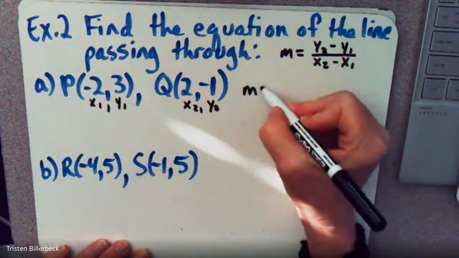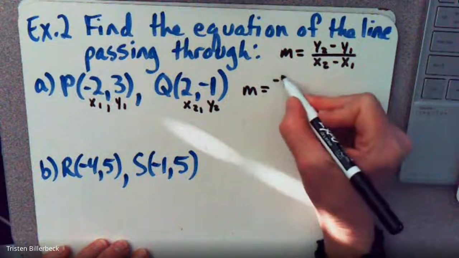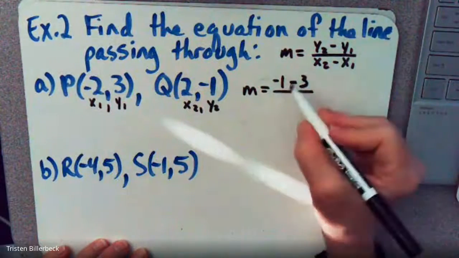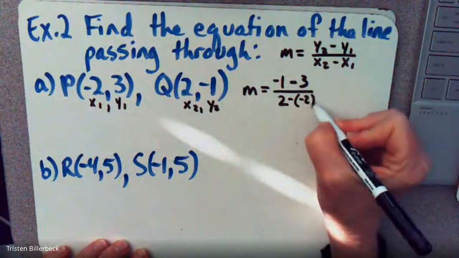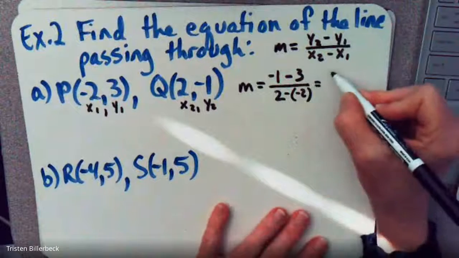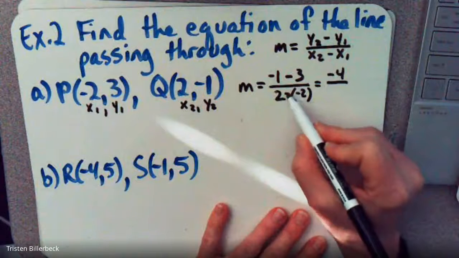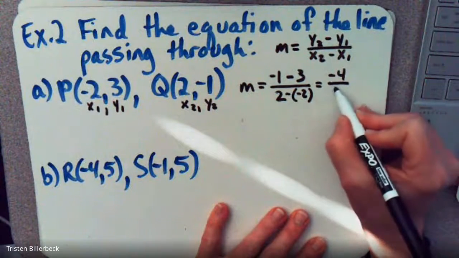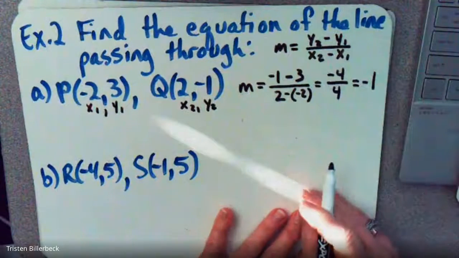So m equals, my y2 is -1 minus 3 over, and then 2 minus a -2. So that gives me -4 on top, and on the bottom I have 2, and then 2 negatives make a positive, so it's 2 plus 2 on the bottom, which is 4. Well, this reduces to -1.